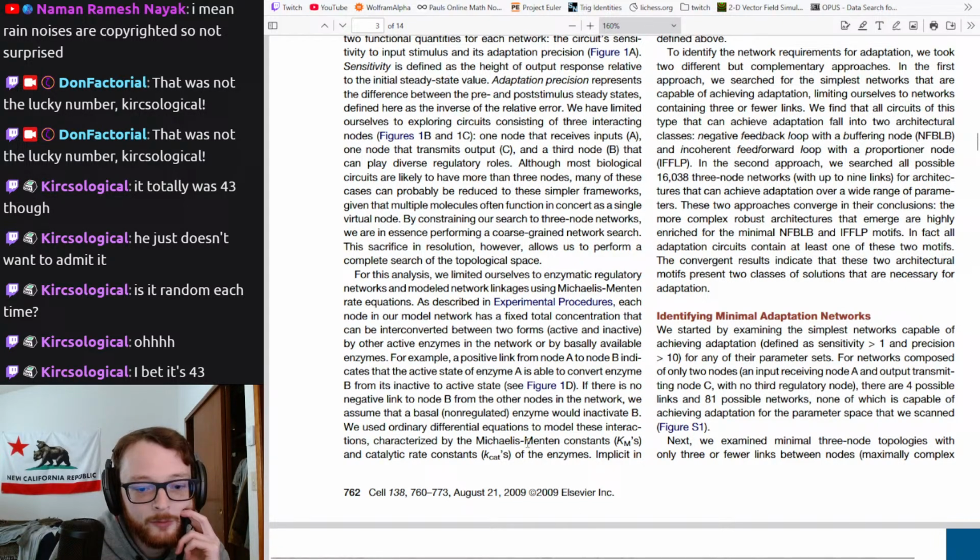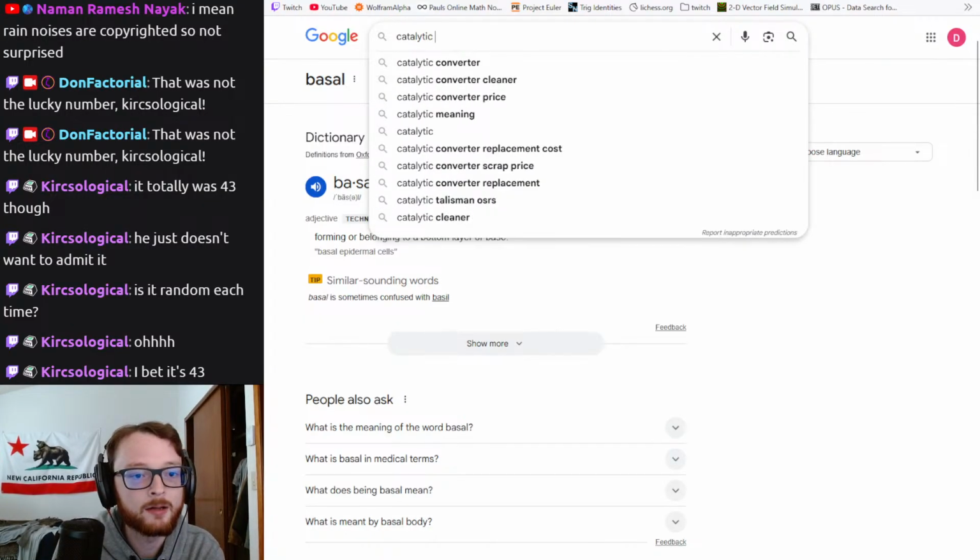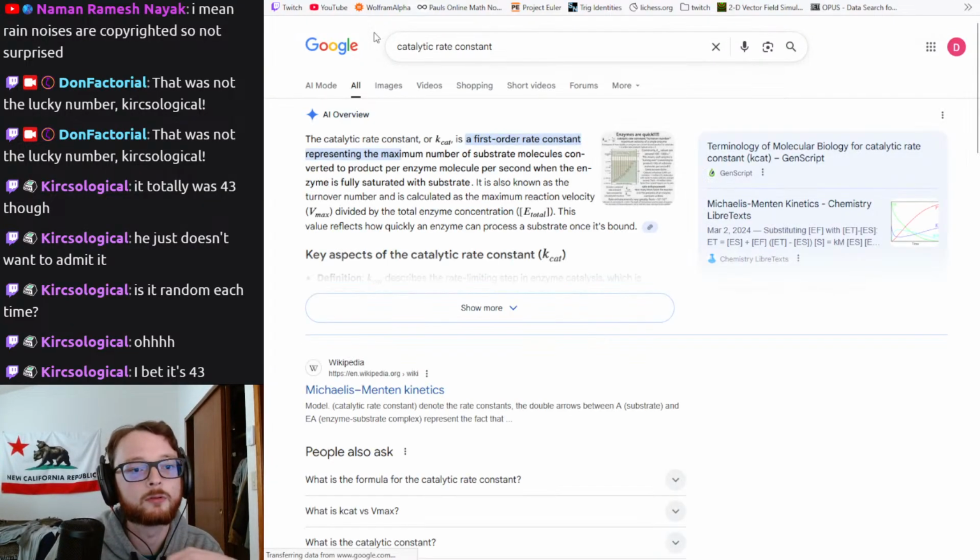So Michaelis-Menten constants, KMs, and catalytic rate constants. Catalytic rate constant.